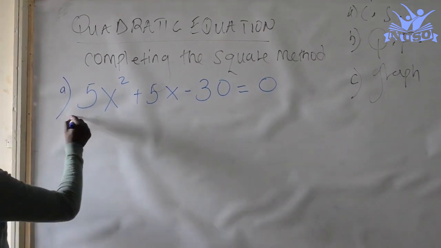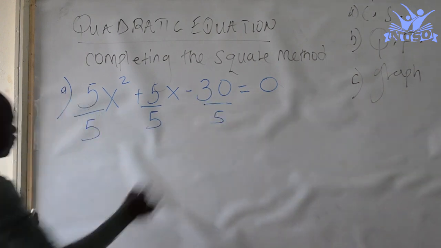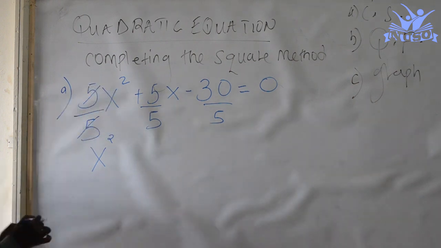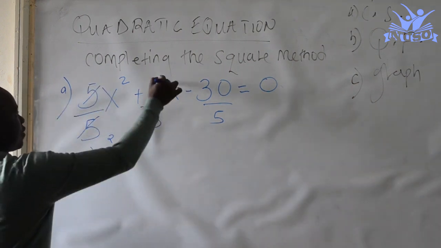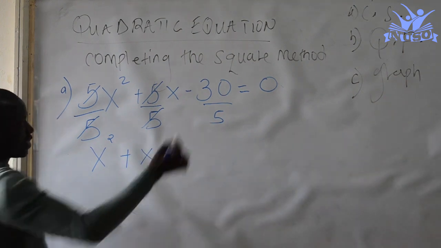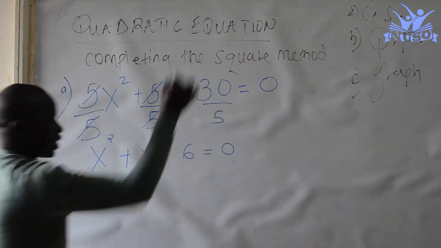So you're going to divide everything by 5. You'll have x squared, because the 5s cancel out, plus x, minus 30 divided by 5 is 6, is equal to 0.